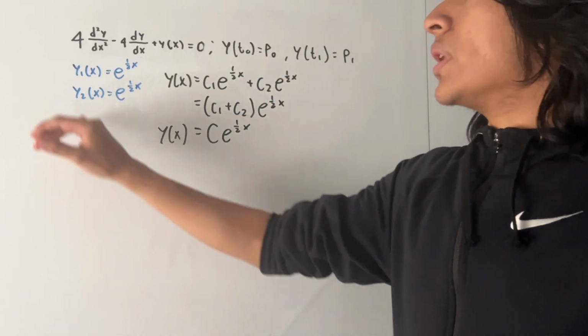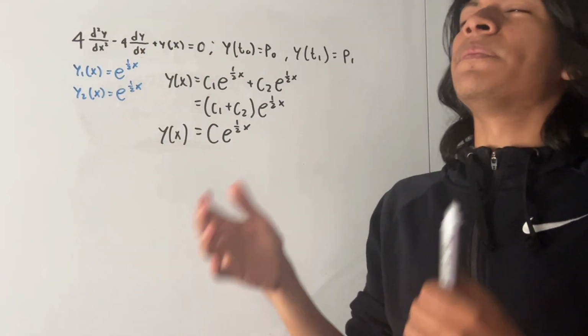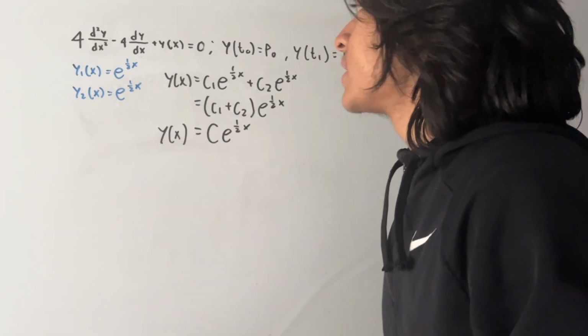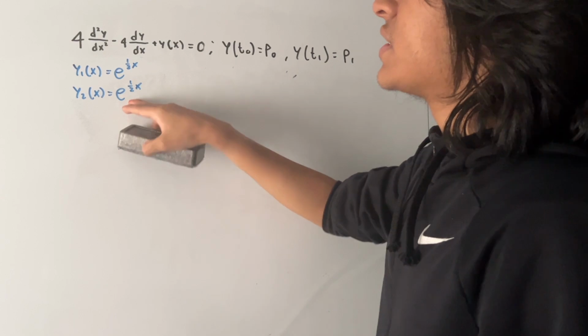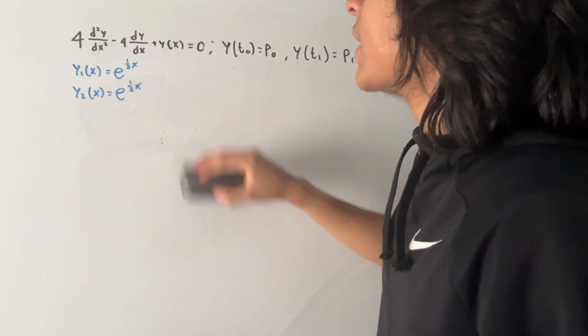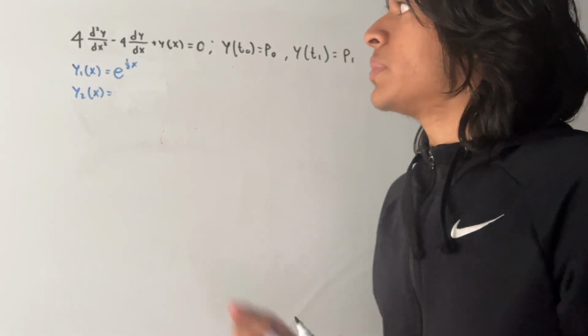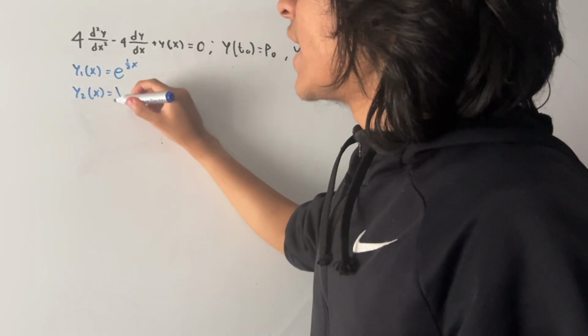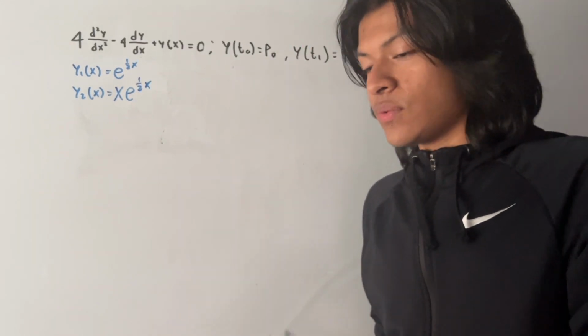So really, there's a hidden solution to this. Instead of e to the 1/2 x or them both being the same, our hidden solution in this case is to multiply this by an x term. And now this works.